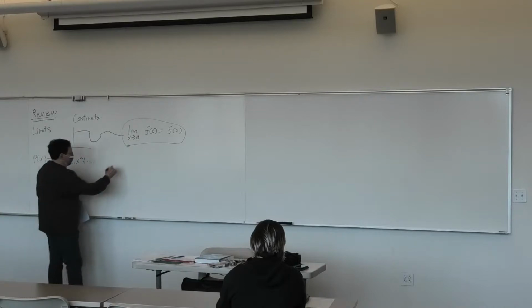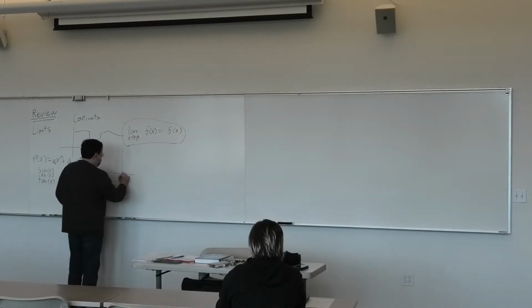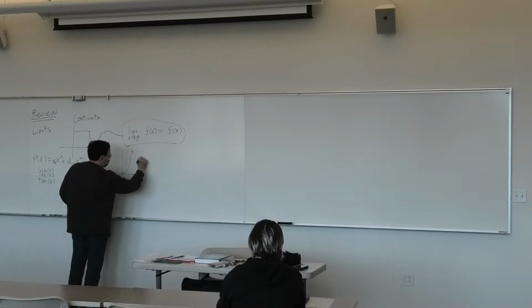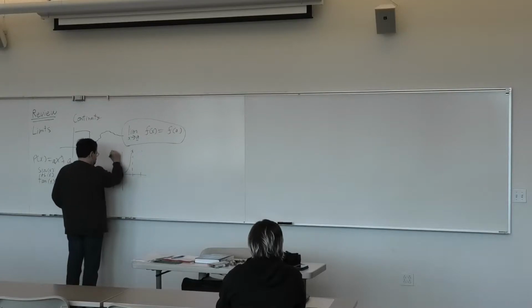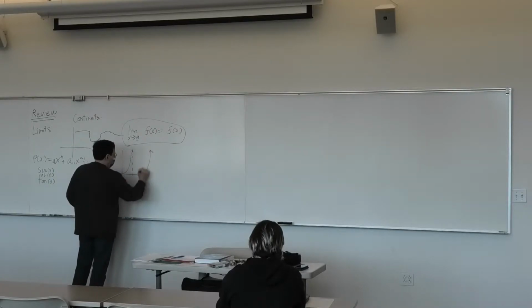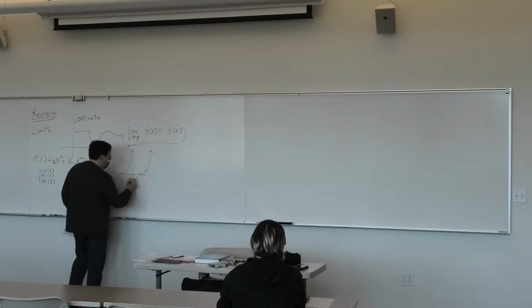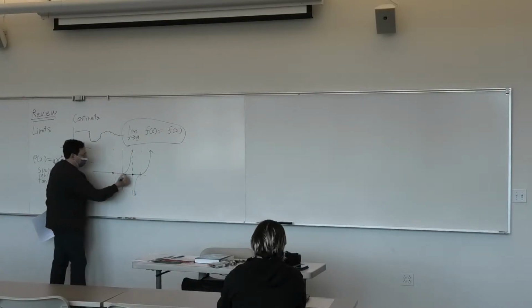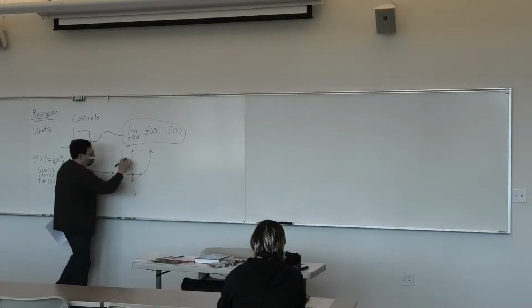So, for example, tangent, I go like this. It's undefined at certain points, like here, pi over 2, but everywhere else it's continuous.